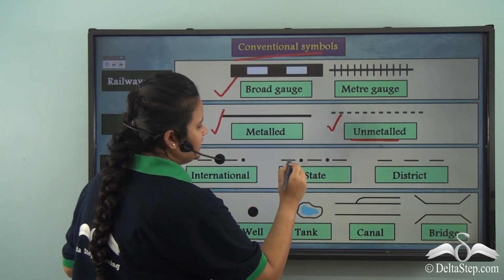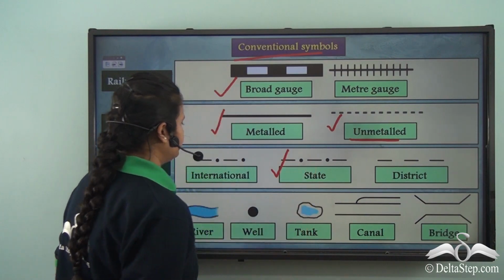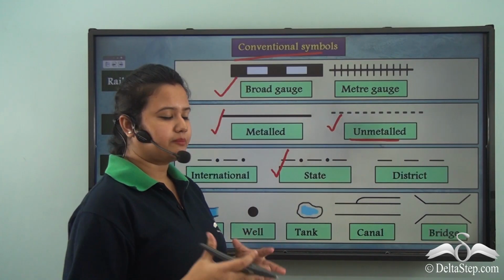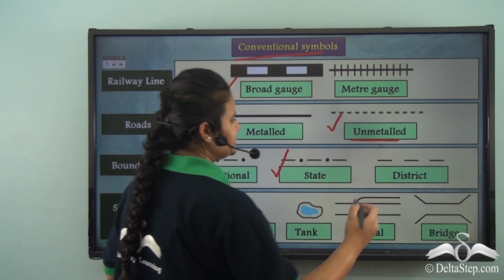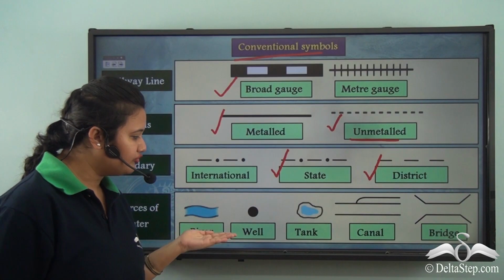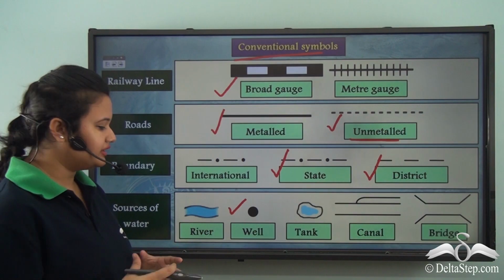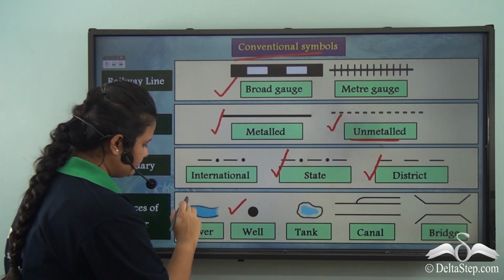Similarly, one dash line and one dot represents a state boundary, whereas the district boundaries are represented using dash lines only. Again, a well is represented using a black dot, whereas a river is represented in this manner.